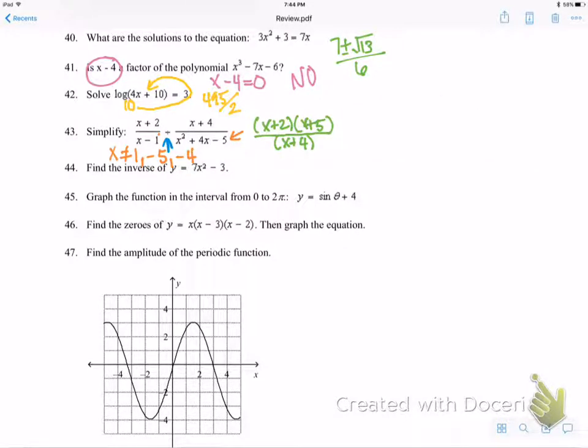Number 44, we're asked to find the inverse. Our steps for finding the inverse are, number 1, switch your x and your y. So x equals 7y squared minus 3. Next step is to get y alone. So I'm going to add 3 and divide by 7.